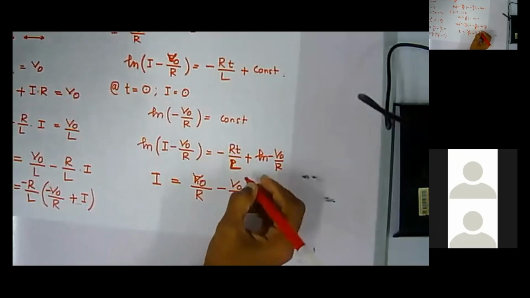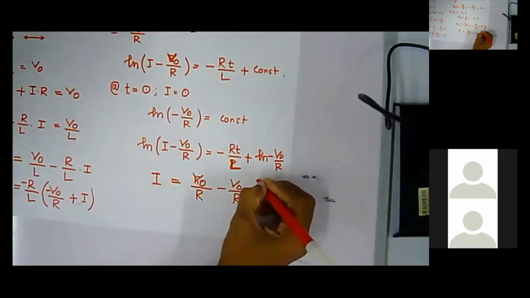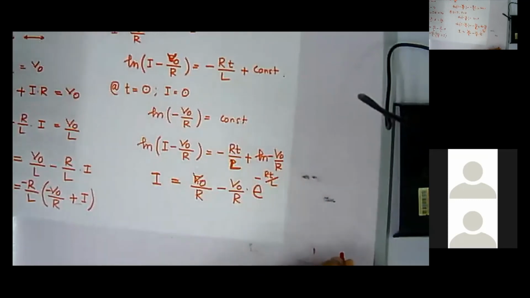If we multiply this one, we can take it as e to the power minus R T by L.